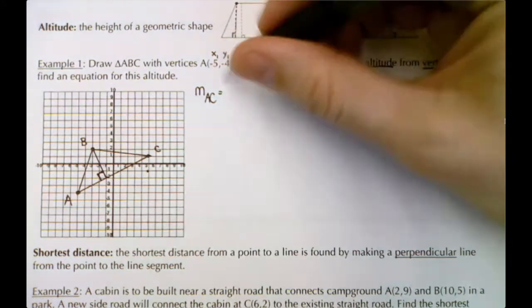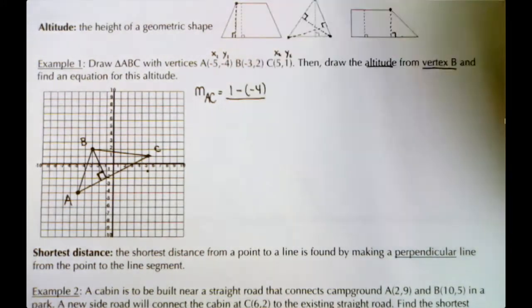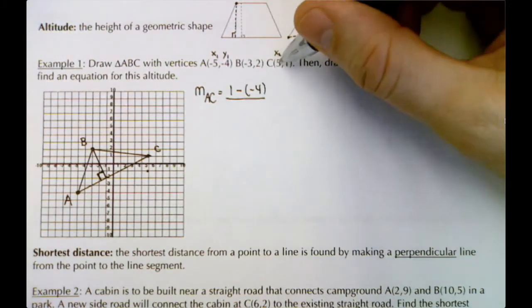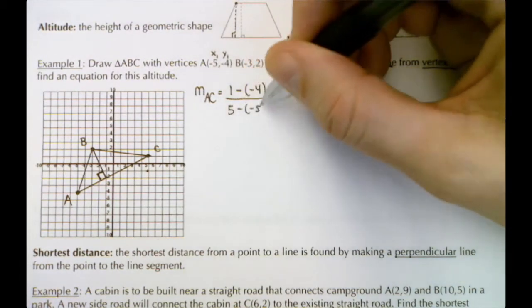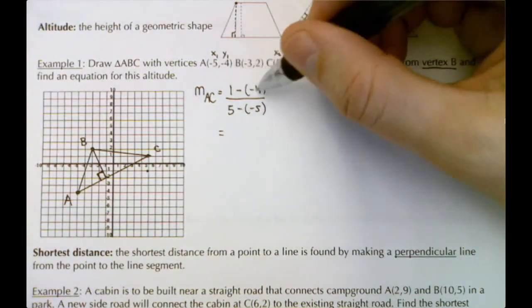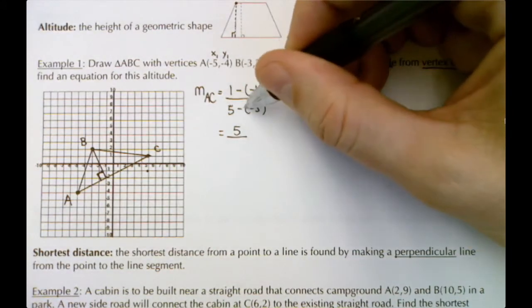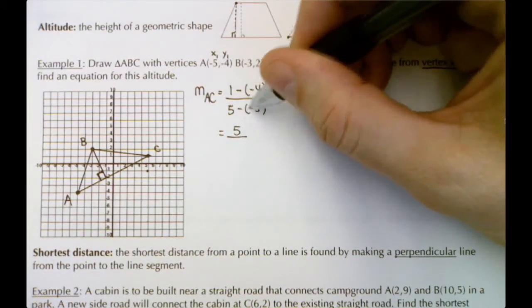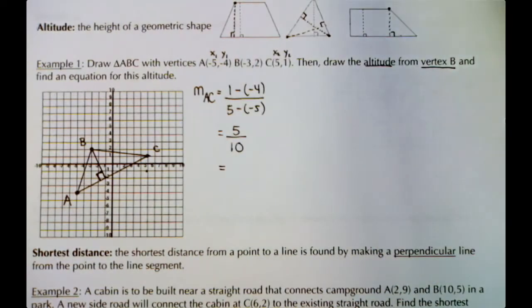So it would be 1 subtract negative 4 over x2 minus x1 is 5 subtract negative 5. And if we do some careful math here, we've got 1 subtract negative 4 is 5 over 5 subtract negative 5 would be like add 5. 5 plus 5 is 10. 5 over 10 is just 1/2.